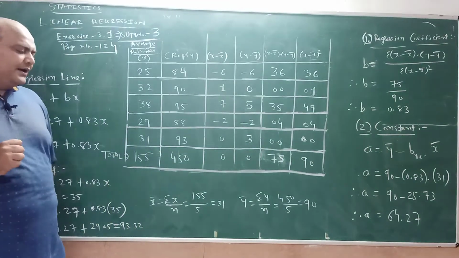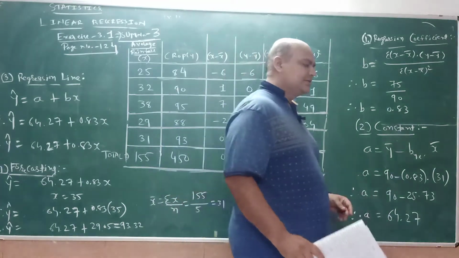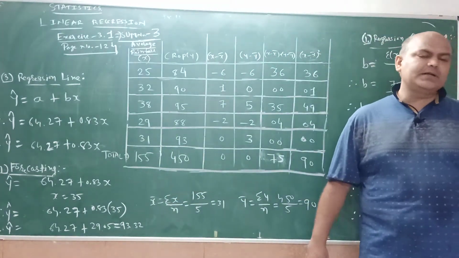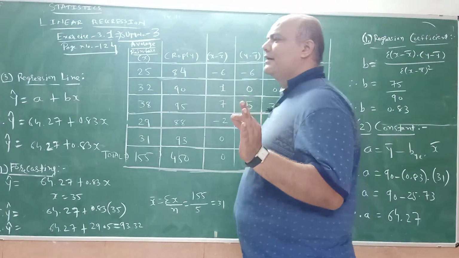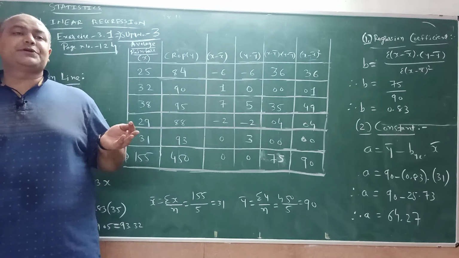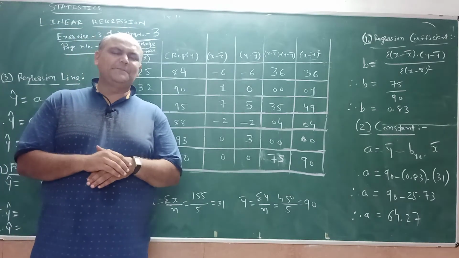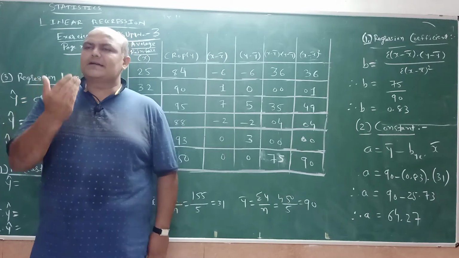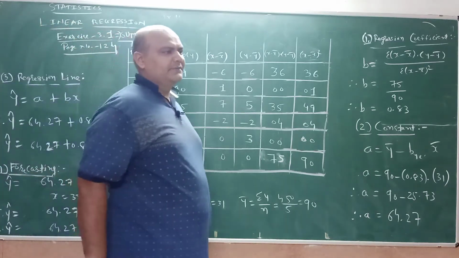In linear correlation, when we apply the x minus x bar method, students, we have to prepare 5 additional columns: x minus x bar, y minus y bar, multiplication of both, x minus x bar square and y minus y bar square.